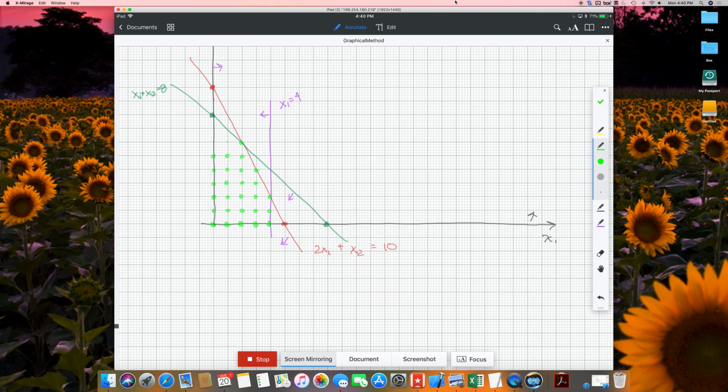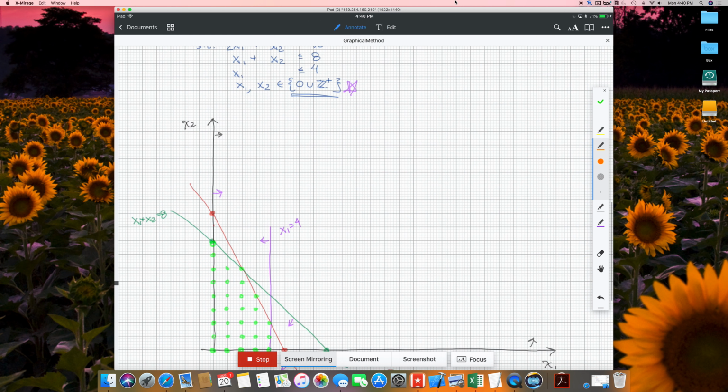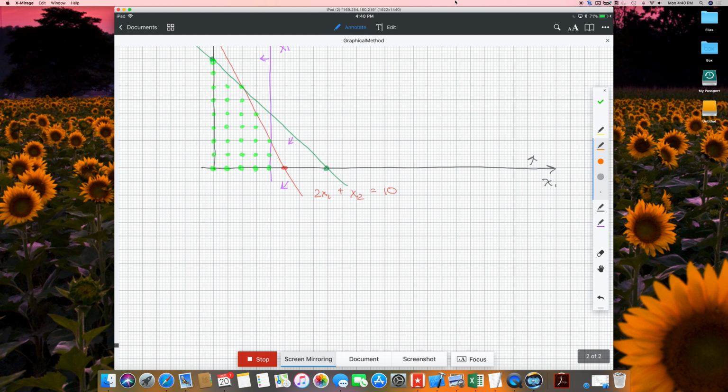And when you have two variables like we have, you can again do the same idea of the isoprofit line. But now you're not pushing it out until it doesn't intersect with the feasible region; you're essentially pushing it out until it just intersects with that last point of the feasible region. We're going to graph it like we did before. It's going to cross here at 2 and 3, so I'm going to graph that again.